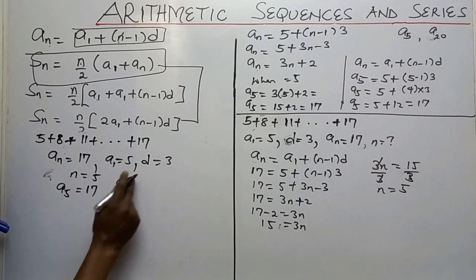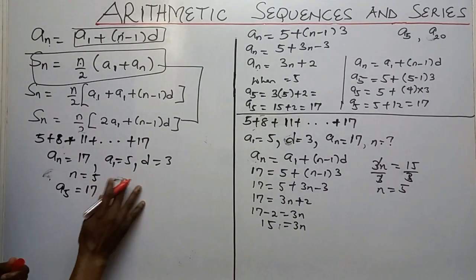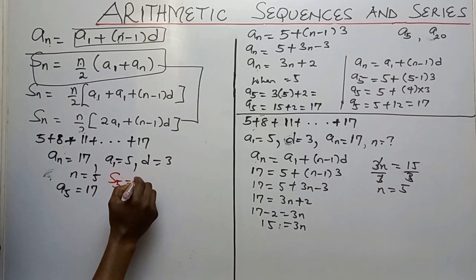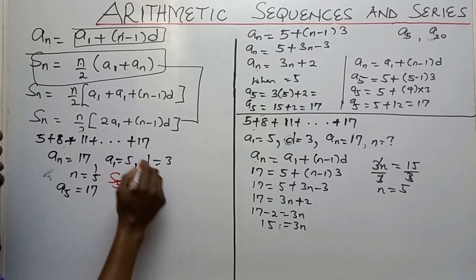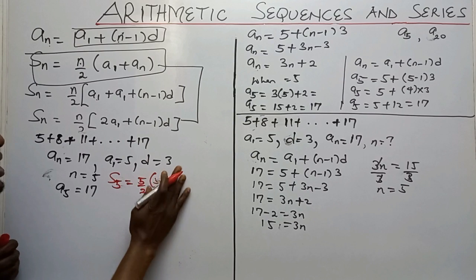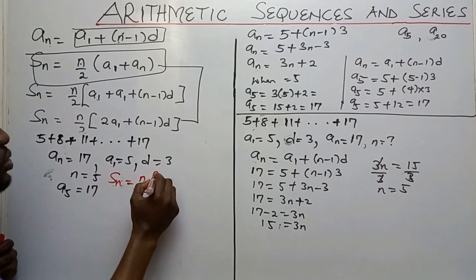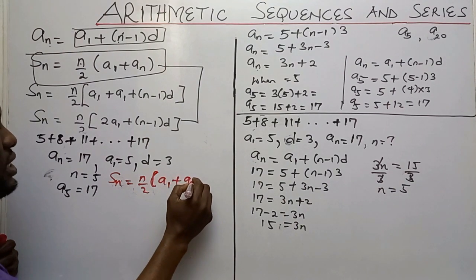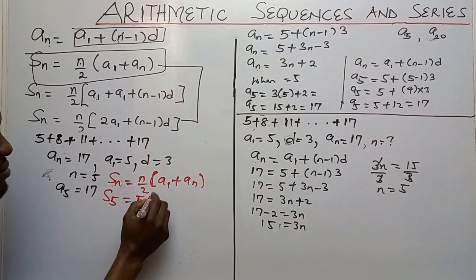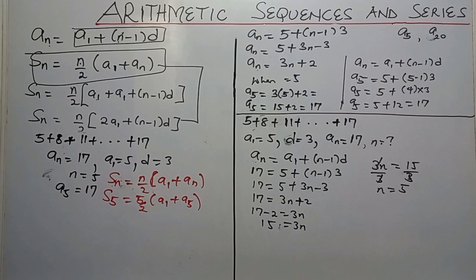So if I want to get s sub 5, which is the sum, let me put it in this way: s sub n is n over 2 times a sub 1 plus a sub n. So s sub 5 will be 5 over 2 times a sub 1 plus a sub 5. I think this is much better.